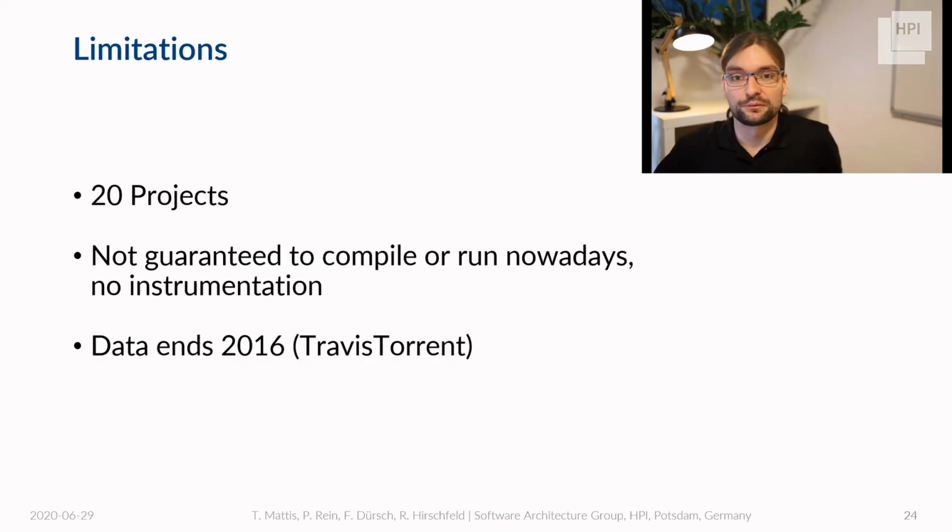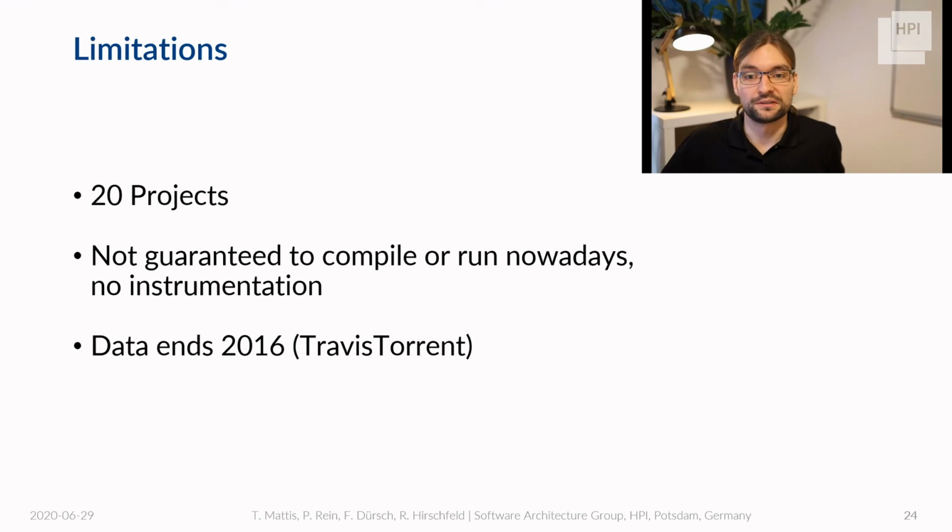There are some remaining limitations. For example, there are only 20 projects, and based on the way we constructed it, it would be possible to add more projects. So this is clearly future work we can do, but what we can't do is get the projects to compile and run nowadays, because most of them don't really run out of the box, especially if you choose an older version.